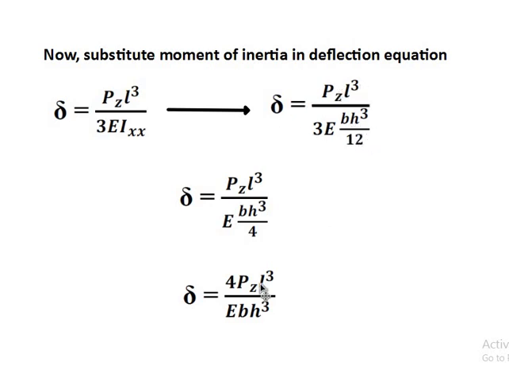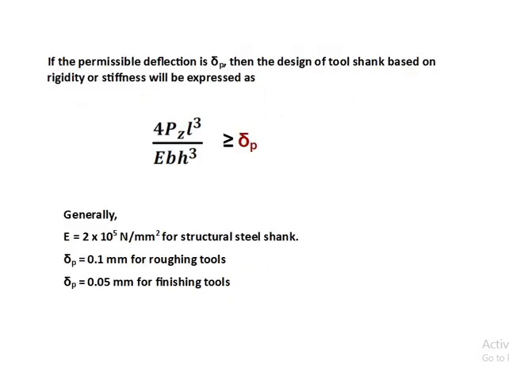Then finally you will get deflection equal to 4PL cube divided by EBH cube. If the permissible deflection is delta P, then the design of the tool shank based on rigidity or stiffness will be expressed as 4PL cube divided by EBH cube, that should be less than or equal to the permissible deflection.